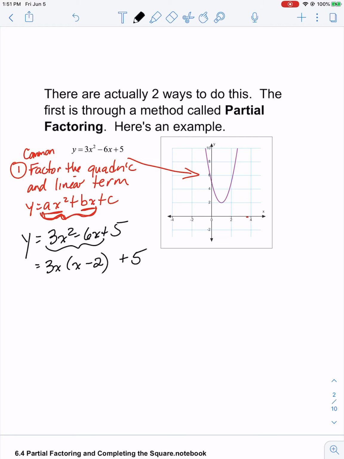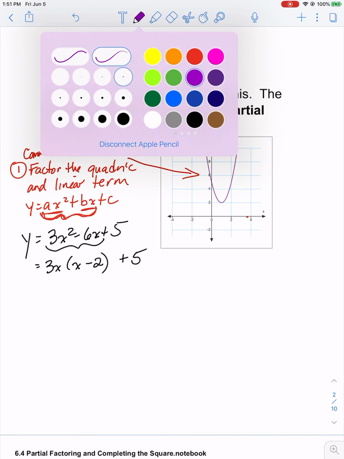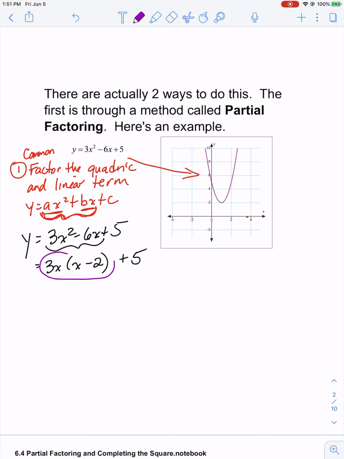Now what we want to do is only look at these two terms right here, and look at where that equals 0. I know it seems weird. It's not that the whole thing is equaling 0.